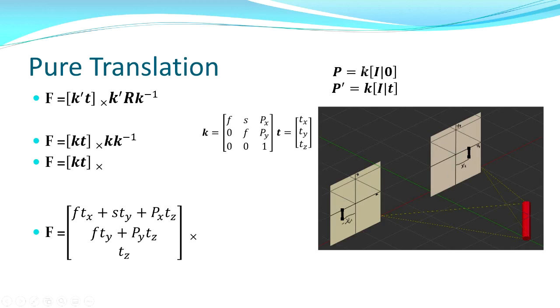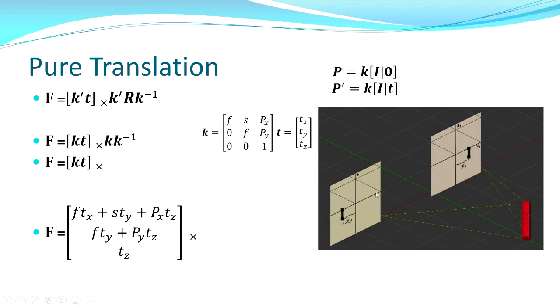So the P over here will be K I 0. I assume that the camera center over here is the origin of the world coordinate, and because that is the origin, I can denote it like this, K I 0. And similarly this camera will be denoted as K I T. Why? Because there is no rotation. I have taken a special case, so no rotation, only pure translation T.